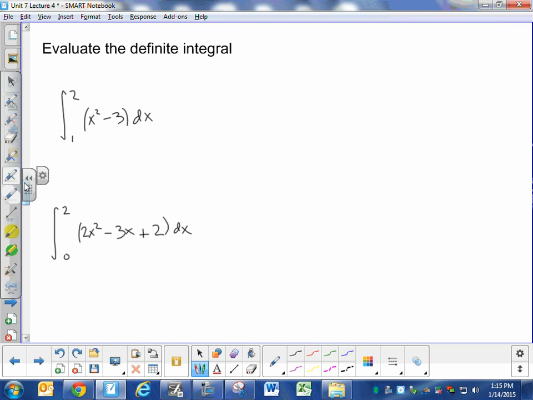Well, I don't even need to give you a graph. You don't even need a graph to find the areas between a function and the x-axis. You just need your knowledge of antiderivatives.